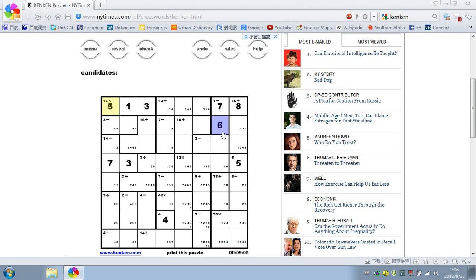So the rest will be 1, 2, 3, 4. So 1, 2, 3, 4, the 3 minus, it will be 4, 5, 6, 7, 1.